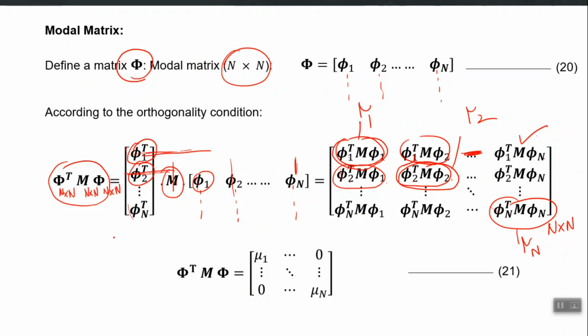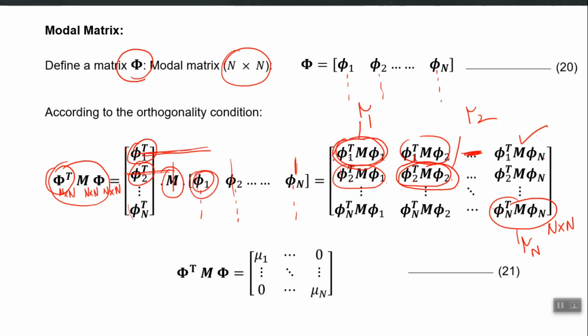What I did is, I know capital phi is an n by n matrix, but I write it like a vector because I want to make you understand that each phi i transpose is actually one whole row. So that whole row will be multiplied by the mass matrix multiplied by the first column.